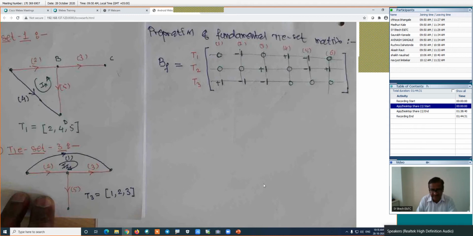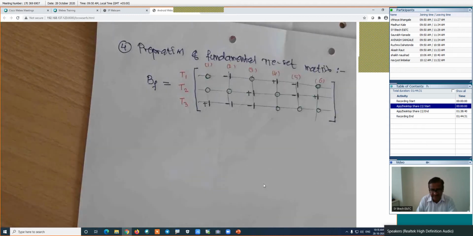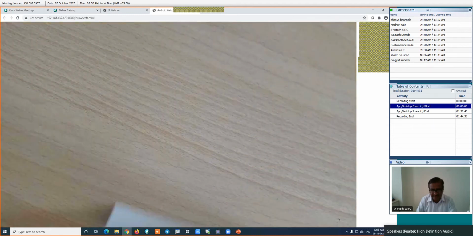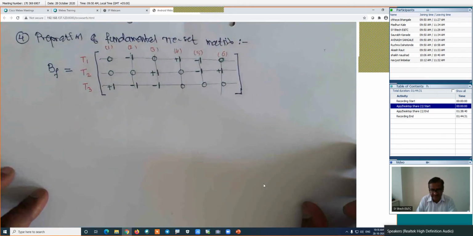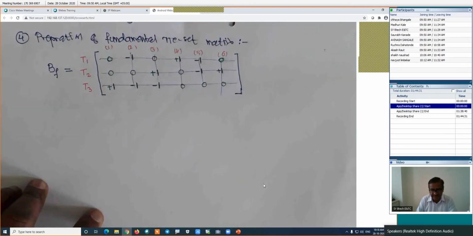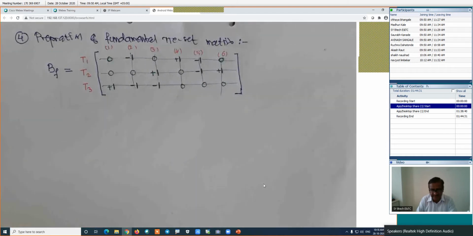And this is step number 4, which is the preparation of the fundamental Triset matrix. If we know the fundamental Triset matrix, what is the next step?